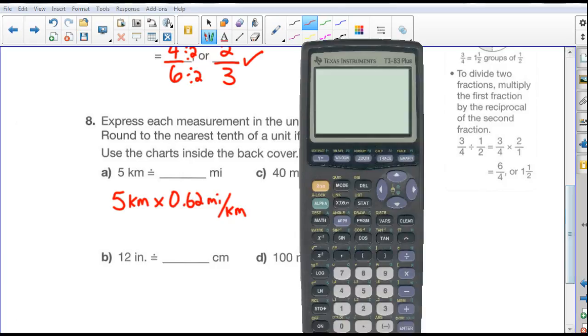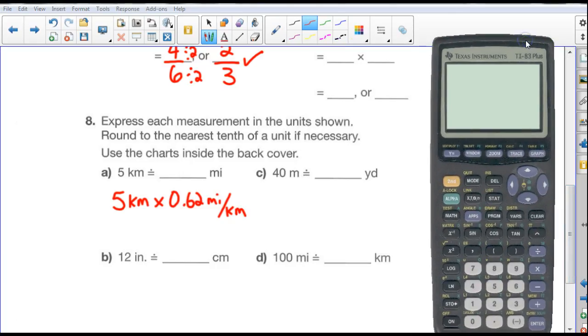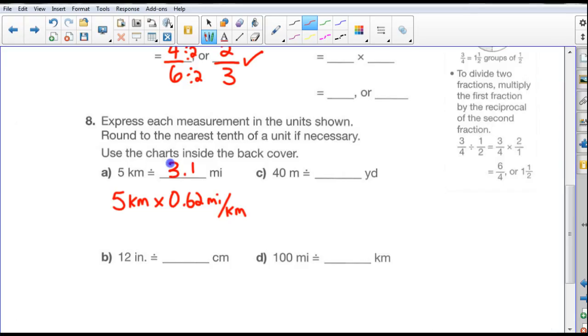Well, let's take our calculator. Let's turn it on, and I get 5 times 0.62, and 5 kilometers is approximately 3.1 miles.